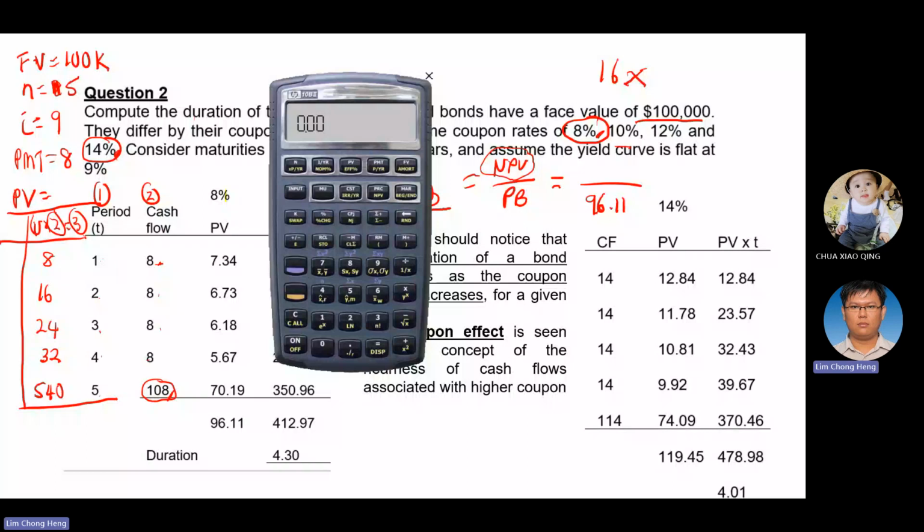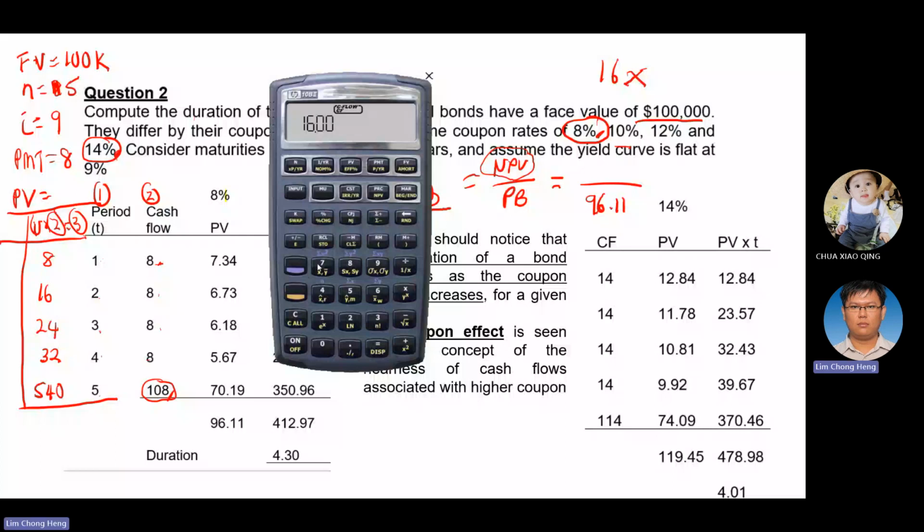And then the next is the 8,000 for year 1. So 8 CFj. And then next 16 CFj. And then you key in 24 CFj, and then the 4th year is 32 CFj.